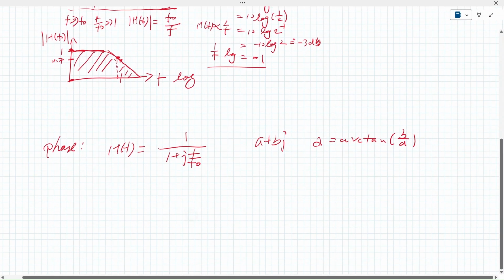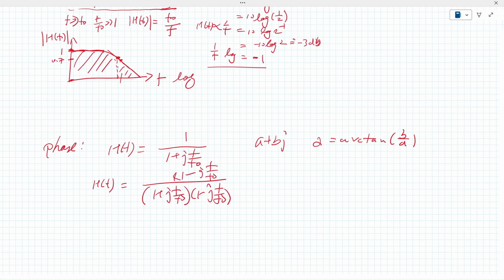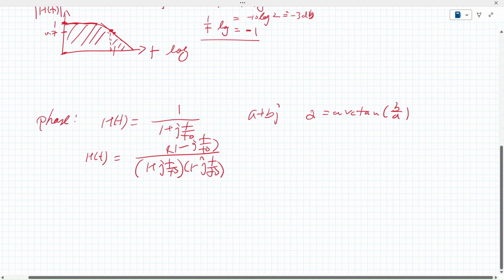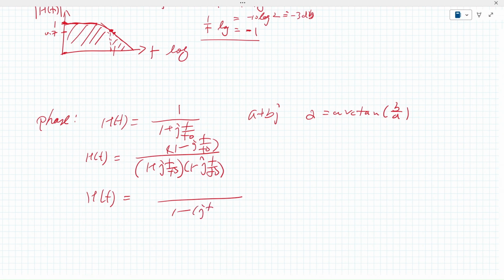How do we do that? We multiply 1 minus j f over f naught on the bottom, and also multiply 1 minus j f over f naught at the top. Okay, so H(f) equals (1 minus j f over f naught) over (1 plus (f over f naught) squared).